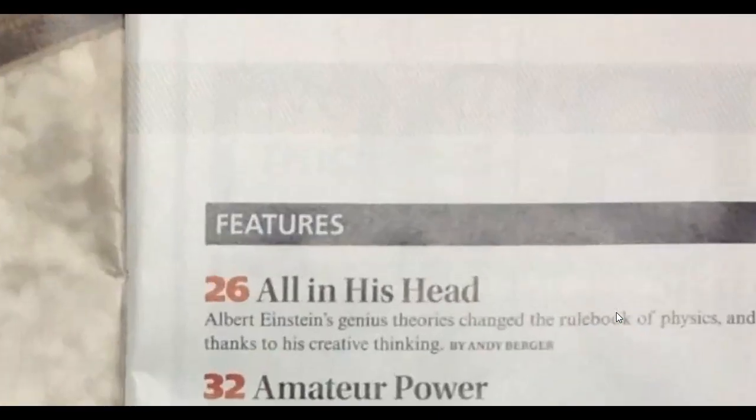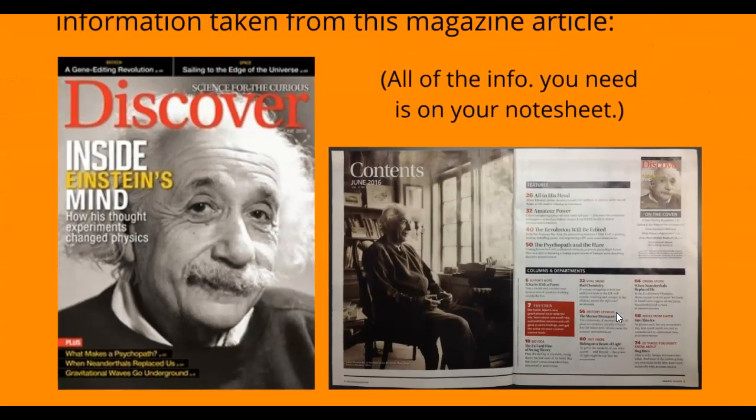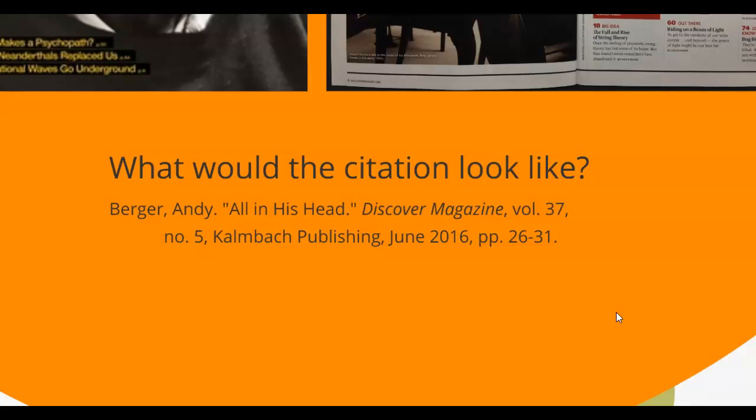All right, moving on to how to cite your example for number 15 on your note sheet. So what would the citation look like for this article on Albert Einstein? It would be Burger, Andy, period, "All in His Head." Now, a lot of students make a mistake and they don't put "All in His Head" as the next step. That is the name of the article, all right? That is the title of the source. So that's number 2 on your 1 through 9 list.